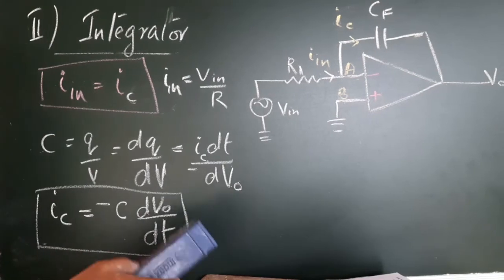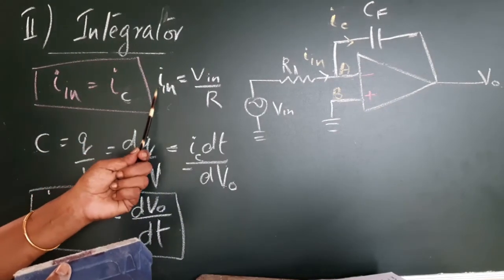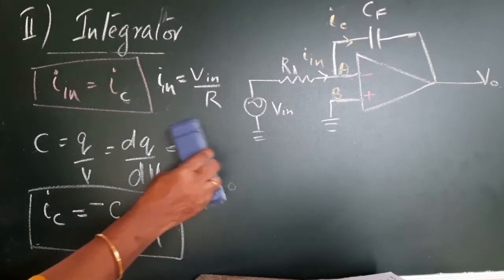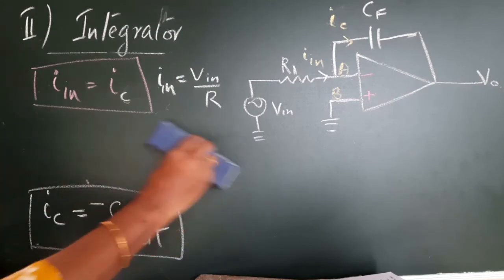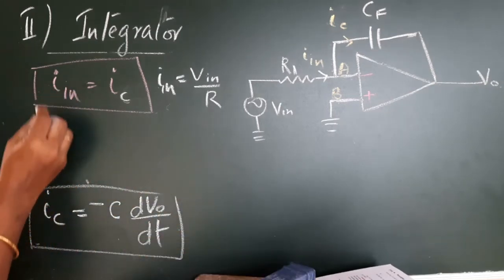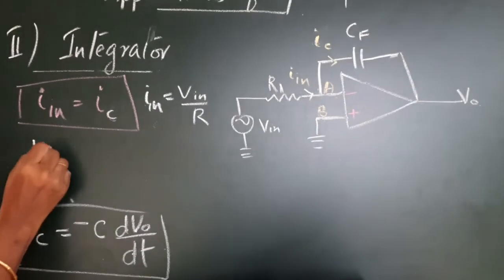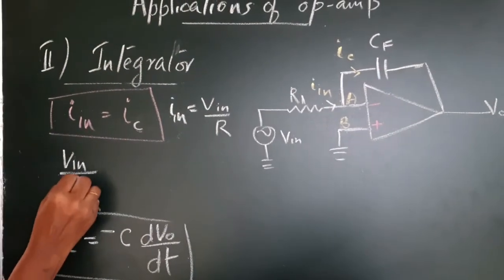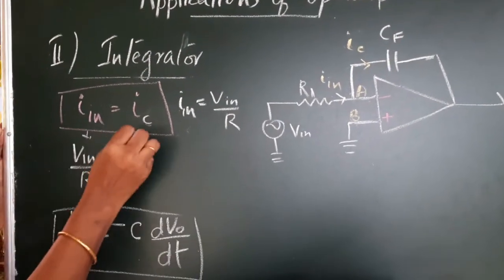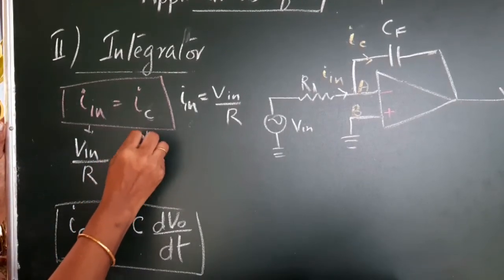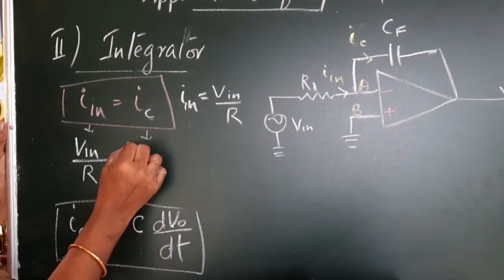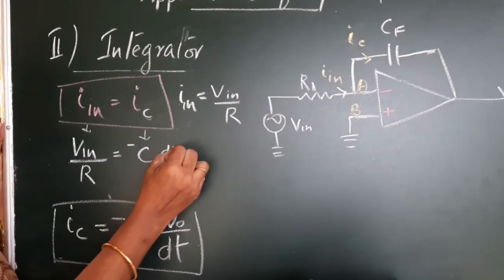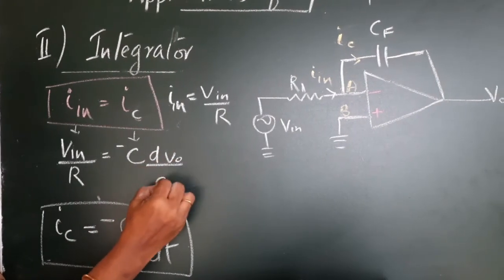So we will make use of this relation for this IC and equate it to this In. So In equals Vin by R, that is equal to IC, which is minus C dV0 by dt.